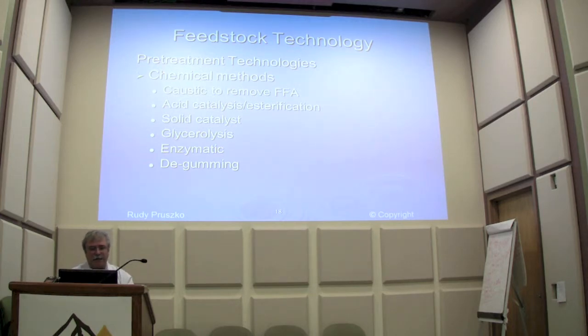There's enzymatic. That's constantly being looked at as a new way of going. Usually it's still more expensive, and it's also great for making specific types of biodiesel or byproducts. And other chemical methods, you can do some degumming operation if you have a feedstock with a lot of gums.